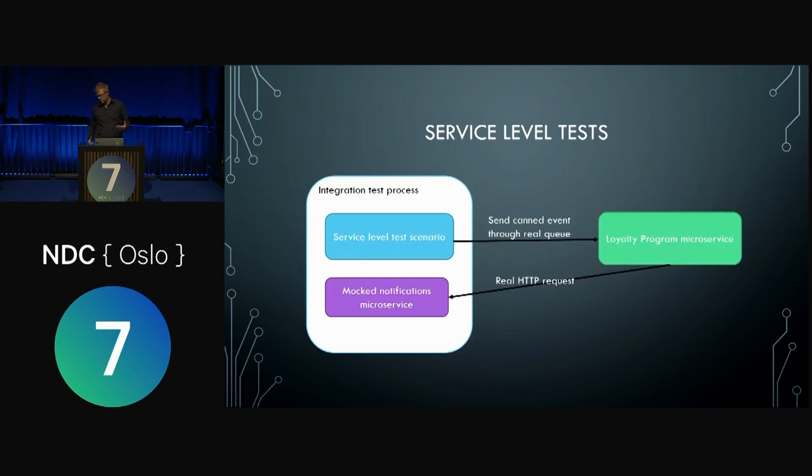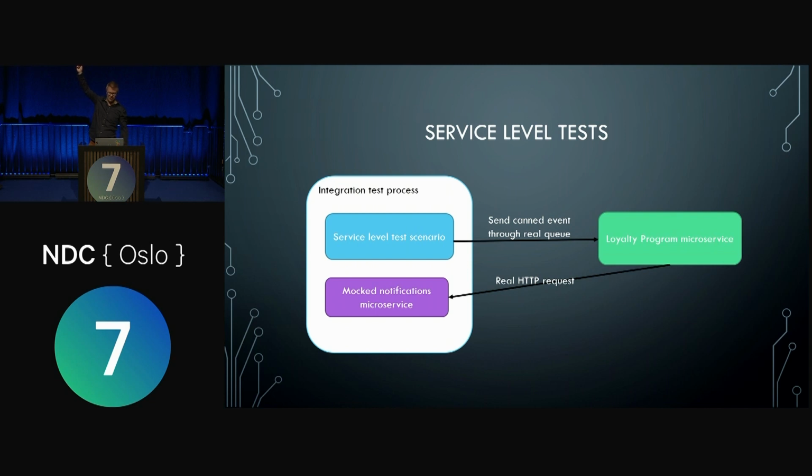And the way we can set it up that I find is quite nice is, again, run the loyalty program for real, the real code, the real everything. And then we have, beside that, well, it says integration test. I'm sorry about that. It should say service level test process.